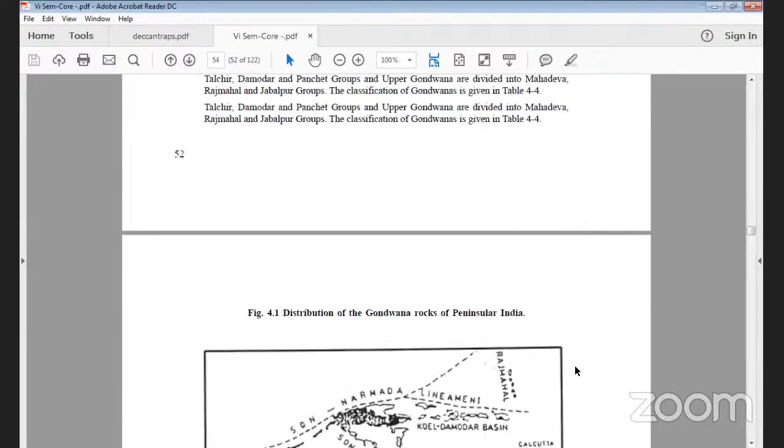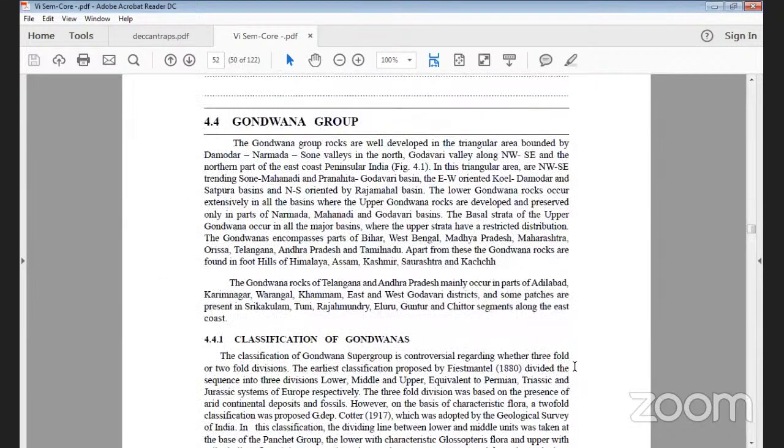Now we move into the Gondwana classifications and Gondwana formations. The Gondwana group of rocks are well developed in a triangular area bounded by the Damodar, Narmada, and Son valleys in the north, and the Godavari Valley along the northwest-southeast, and the northern part of the east coast peninsula of India.